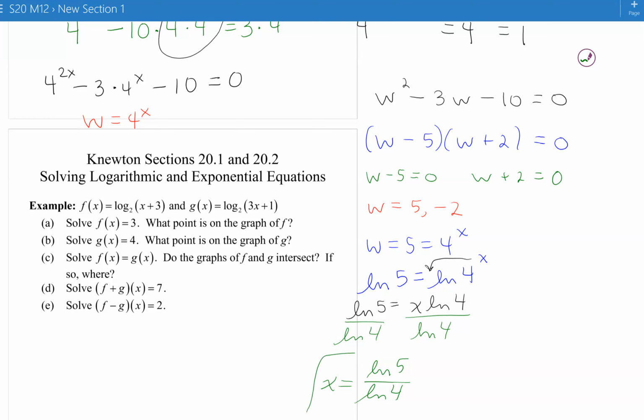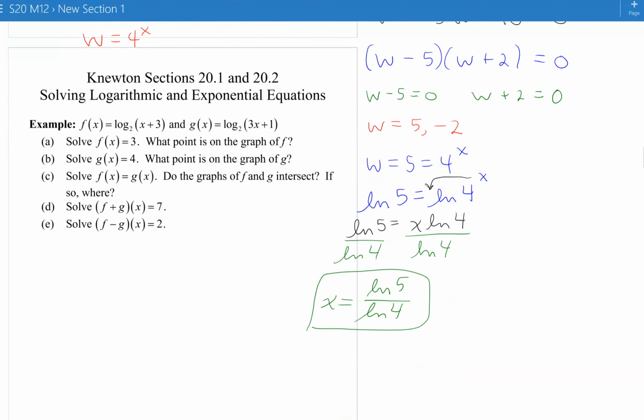So that's all we need to know, is that it's positive, because, well, actually it doesn't even need to be positive. Here's our one answer. This is the part where we need something positive. If we have w equals negative 2 equals 4 to the x, we can say that never happens. 4 to the x is always greater than 0. So this is our one answer.